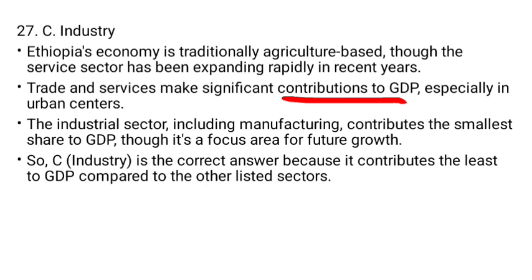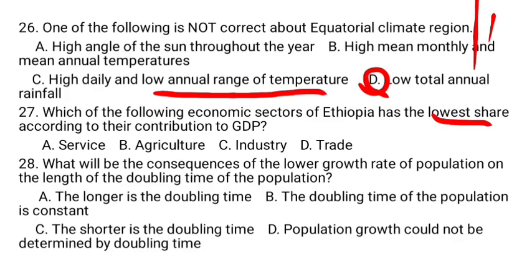The industrial sector, including manufacturing, contributes the smallest share to GDP, though it is a focus area of future growth. As a result, industry is the correct answer because it contributes the least to GDP compared to the other listed sectors. So, C is the correct answer.